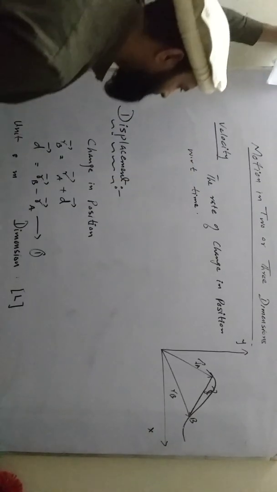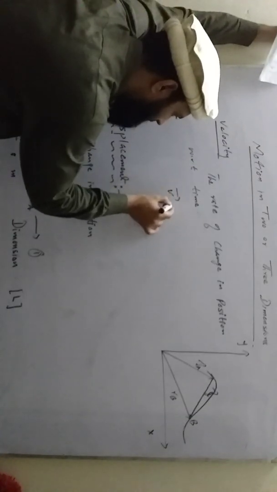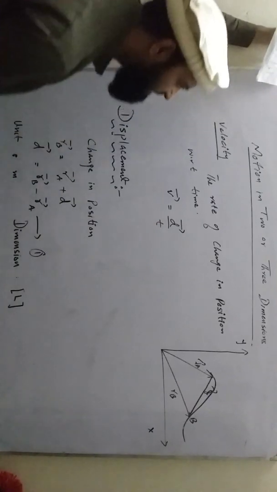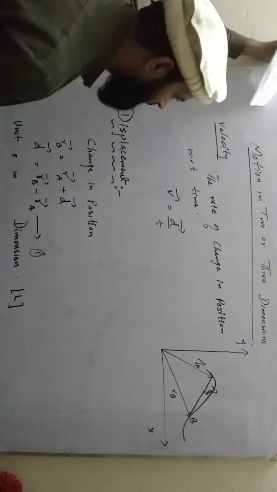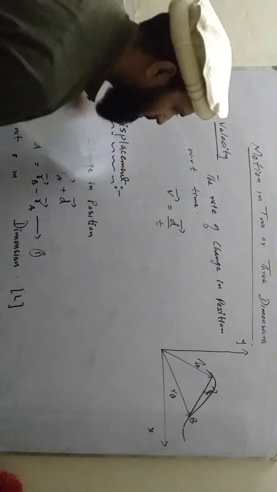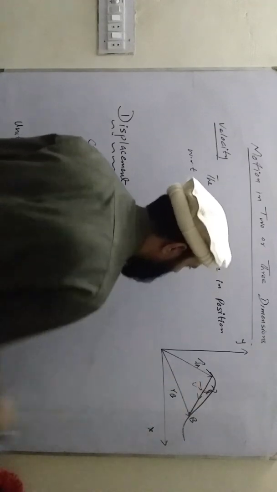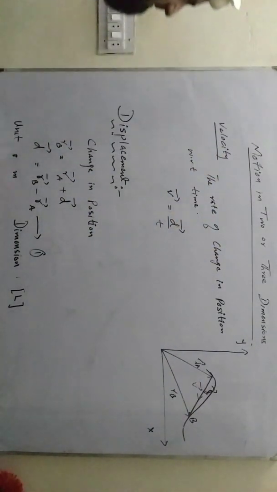It is represented by V, which is equal to D by t, where D is the change in position or displacement. Its direction is also along the displacement. So the direction of V in this diagram is along this displacement vector.